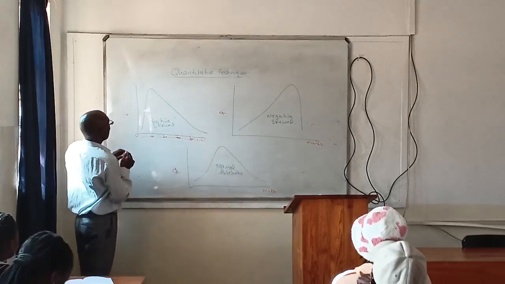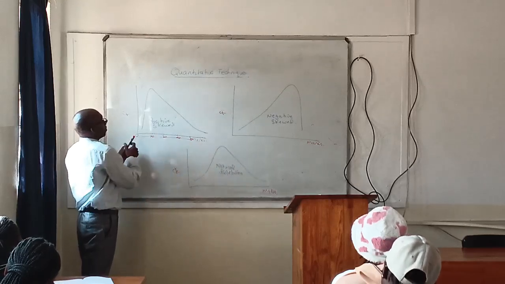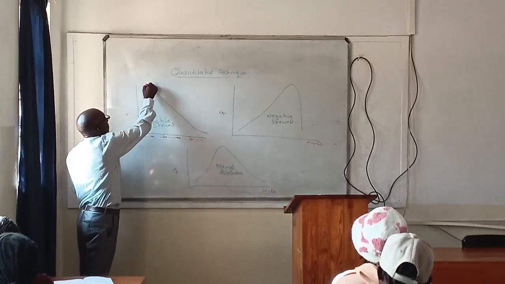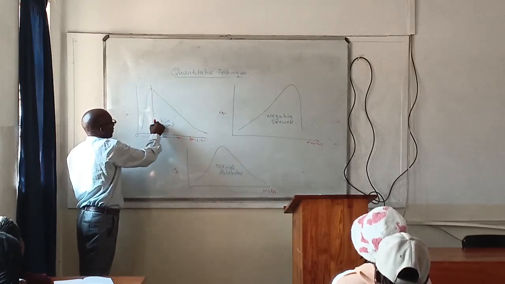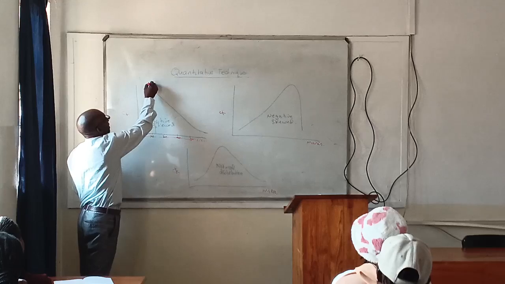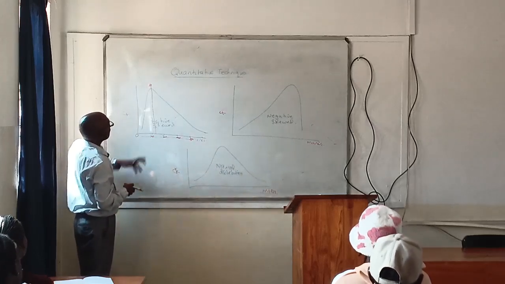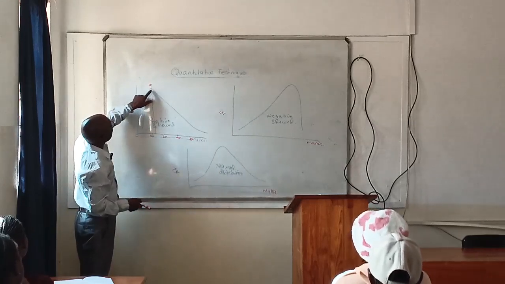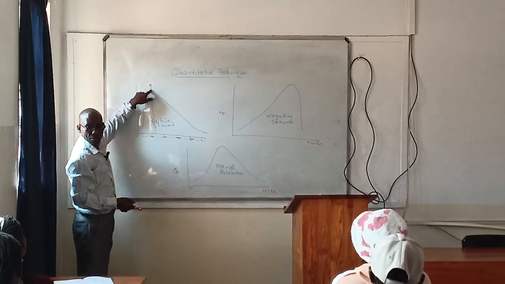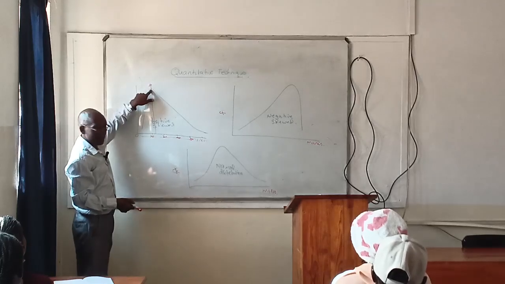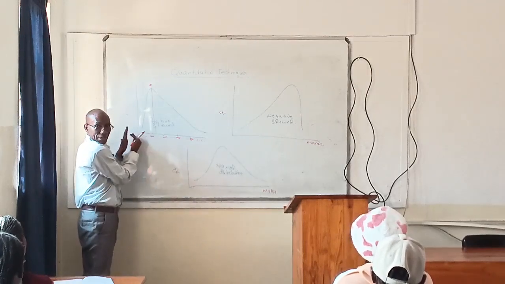If you look at the way this is, it is positive skewed because, if this is an exam, a lot of students are here. Have they passed the exam or have they failed? They have failed because it is here. They are close here, right?